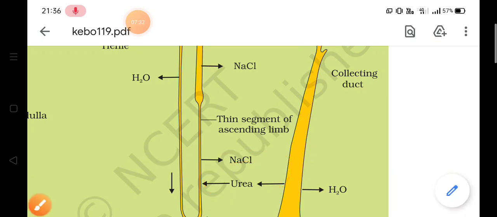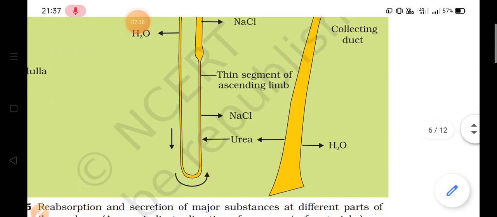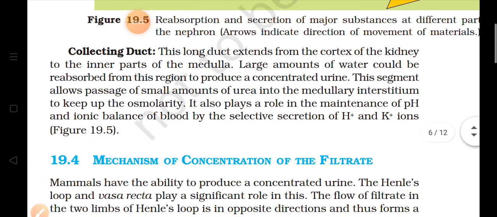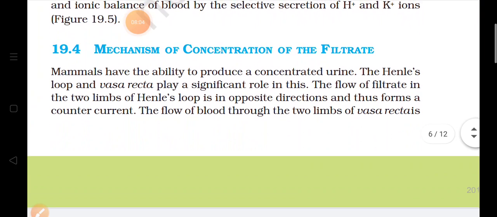So on the whole, the conclusion we have got from this is that when the filtrate is passing through the Henle's loop, through the ascending or the descending limbs, some of the ions are reabsorbed and some of the ions are secreted, and in this way when the urine flows through these parts, the counter current mechanism will be developed, reabsorption will take place and concentrated urine will be produced by the body.